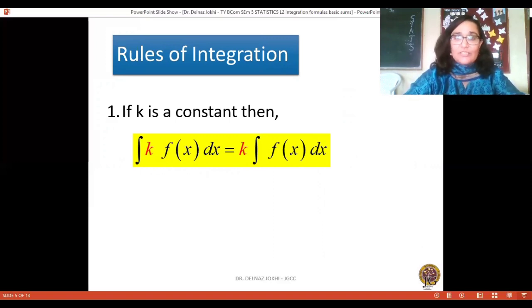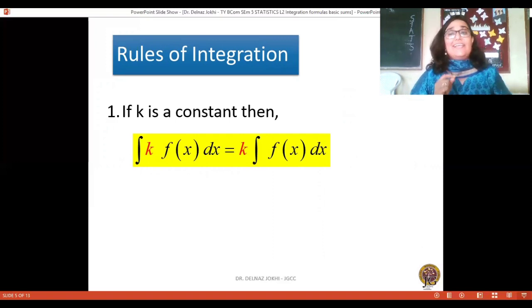Please understand, my students, that the second lecture is super important because it forms the base for doing any sum of basic integration. So you must know all the rules, 2 they are. You must know the standard forms, 9 they are, as far as the BCom TY Sem 5 syllabus is concerned.